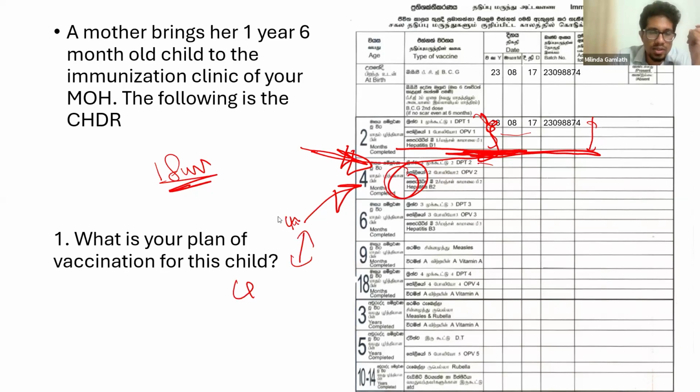So you give the 4-month, then you wait 1 month, and then you can give the 6-month vaccines, which is the OPV and the pentavalent without the IPV, right? Then you can stay another month, and then you can give the 9-month vaccination, right?